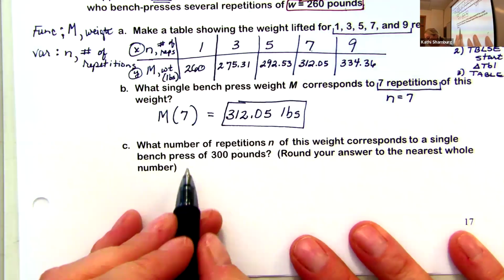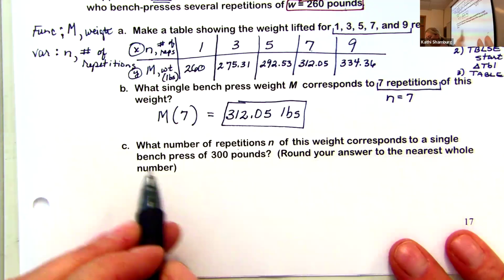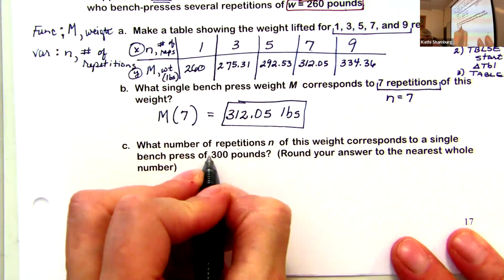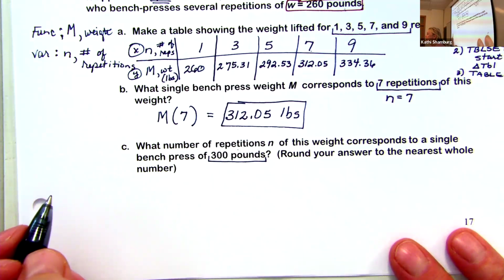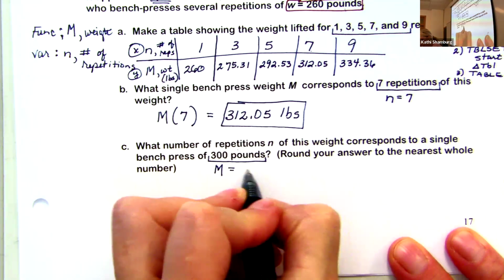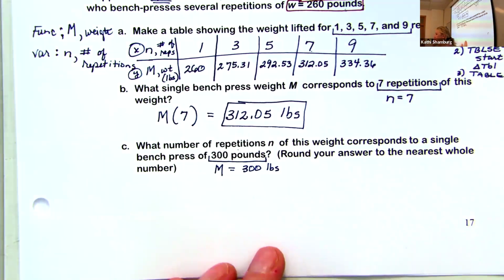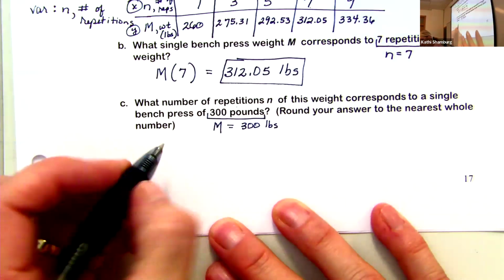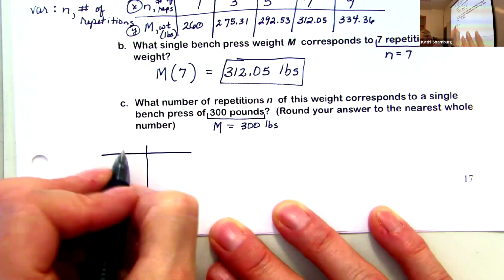All right, part C. What number of repetitions of this weight corresponds to a single bench press of 300 pounds? Did they give me N or M? M. So we were given the function, so they therefore are asking us to find the variable. This is going to take me back to my table.